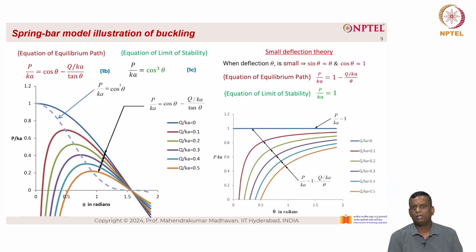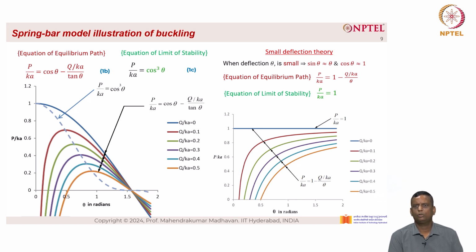The plot gives you p by ka on the y-axis and theta on the x-axis. The equation of limit state of stability, p by ka equal to 1, is a horizontal line starting at p by ka equal to 1.0 and staying the same throughout. The equation of equilibrium path varies with respect to the value of q by ka. When q by ka is equal to 0, it is the same as the equation of limit state of stability.